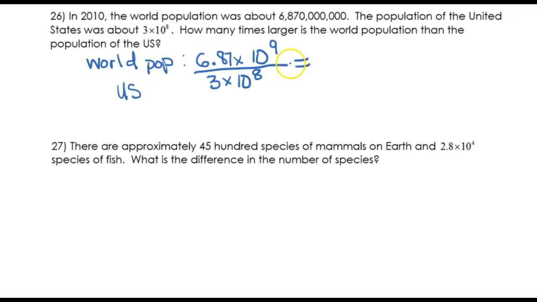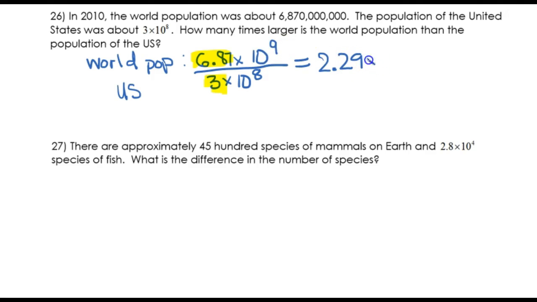So when we divide in scientific notation, I'm first going to take my constants. I am going to take 6.87 and divide that by 3. 6.87 divided by 3 gives me 2.29.